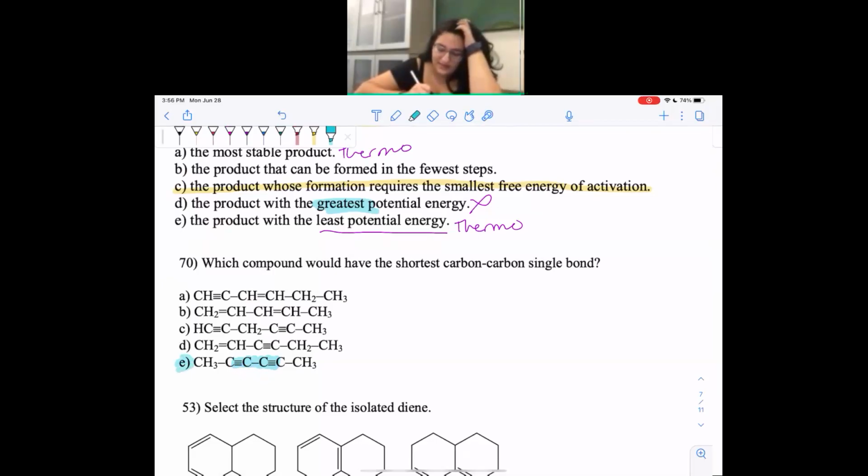E is the correct answer. The shortest carbon-carbon single bond is the one closest to a triple or double bond, and here we have one single bond between two triple bonds, so the single bond gets shorter.